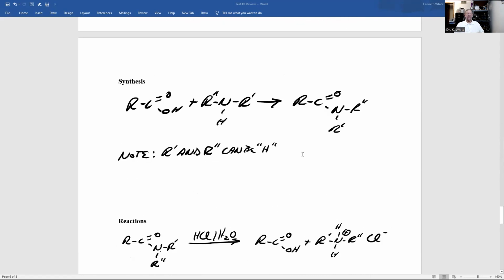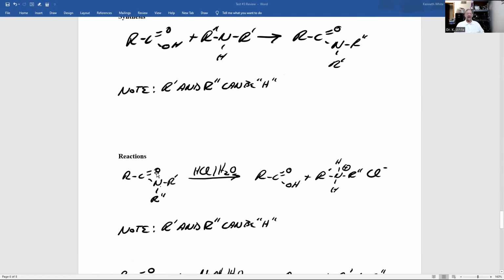So if you take an amide and react it with HCl and water, the amine you would have used to make that amide becomes the amine salt, because in the presence of acid, the fastest reactions known in chemistry are acid-base reactions, and you'll get the amine salt of the amine.